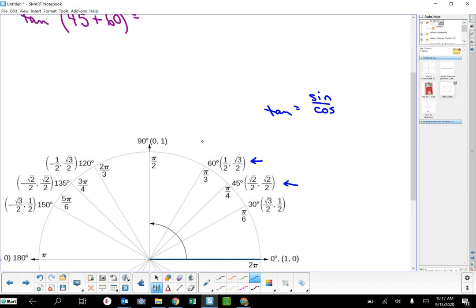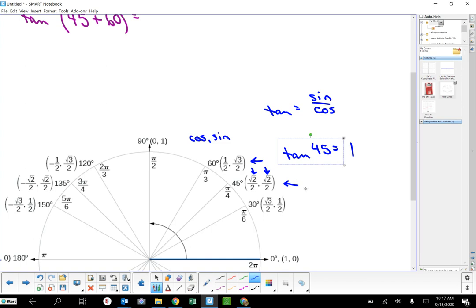Also remember these are cosine comma sine. And if we're going to put sine over cosine, let's do 45 first. So tangent of 45, sine over cosine. Well, these are the same values. So rad 2 over 2 over rad 2 over 2. Anytime you have the same thing over itself, you always get a 1. So that's good. And then that one's easy.